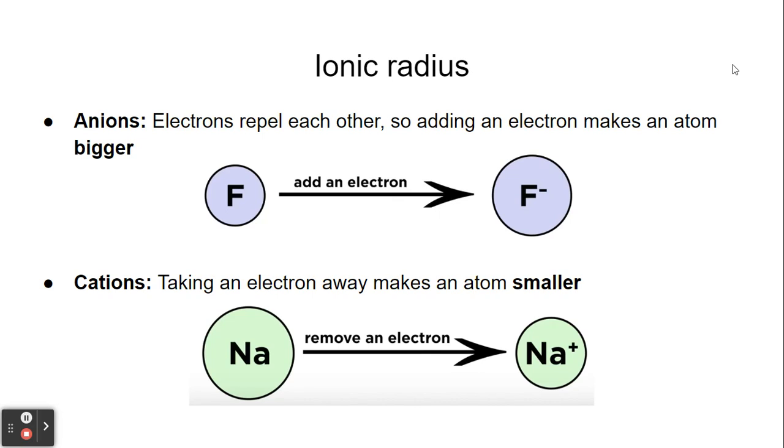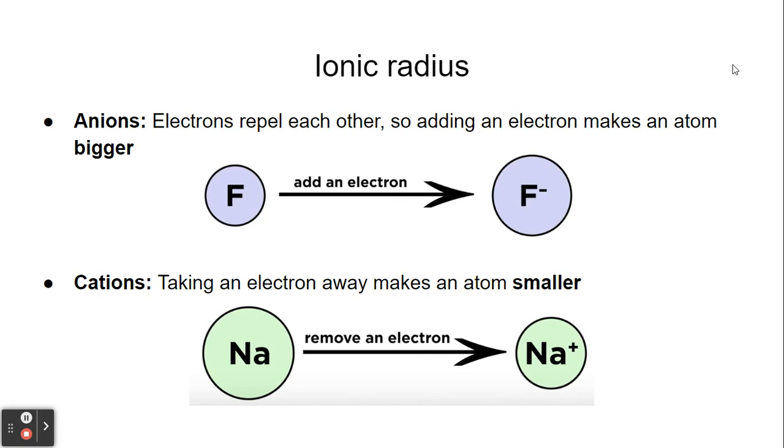So say we have two ions that have the same number of electrons but a different number of protons, and I'm asking you which one has the smallest radius. Now, the one with the smallest radius is going to have the highest number of protons, because if we have more positive charge in that nucleus, then those electrons are going to be pulled in more.